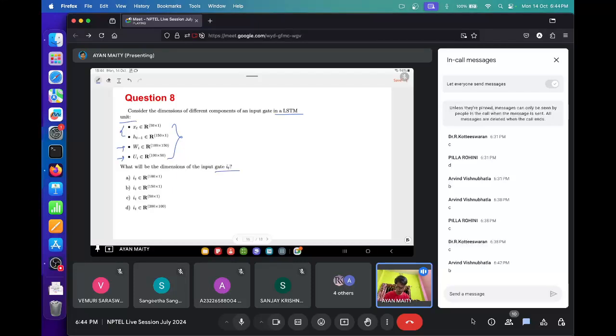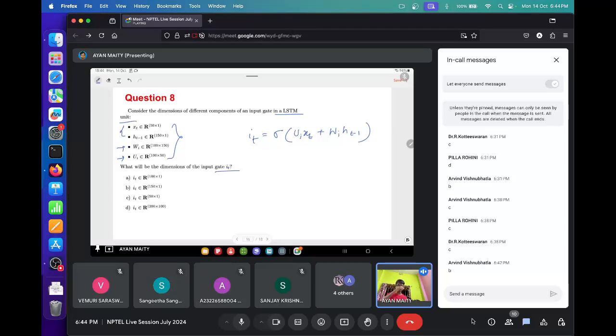The expression for the input gate it is sigma of ui xt plus wi ht minus 1 plus b. The b is the bias term, so we can ignore bias for now.